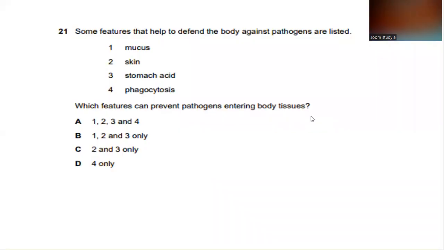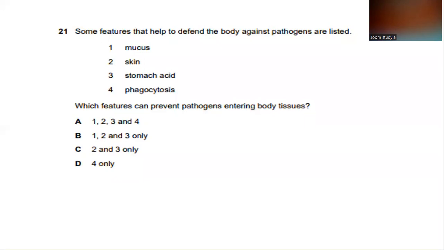Some features that help to defend the body against pathogens are listed. First is mucus. Mucus is a skin foam, a waterproof barrier that prevents pathogens from entering the body. Your body cavities, like the nose and mouth, are lined with mucous membrane.